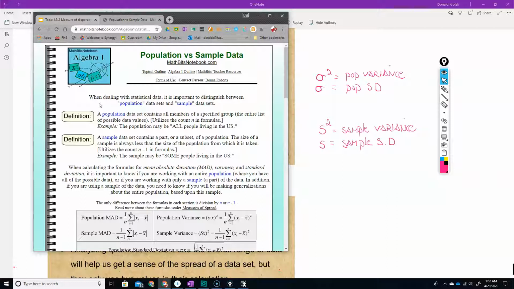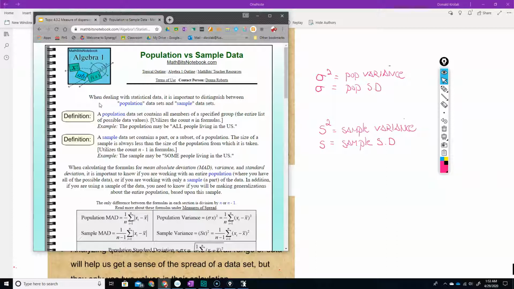A population means you're working with all of the data out of a particular set. You're not just taking part of the data. So if I wanted to do a statistical analysis of everyone's height in our class, well, we've got 17 students, so I don't need to do a sample because there's only 17 students to work with. So that would be an example of working with a population.